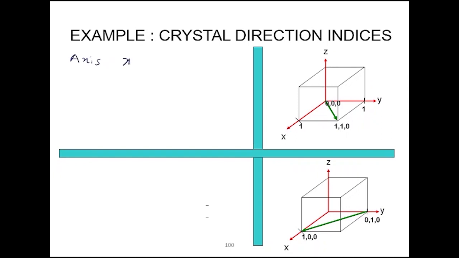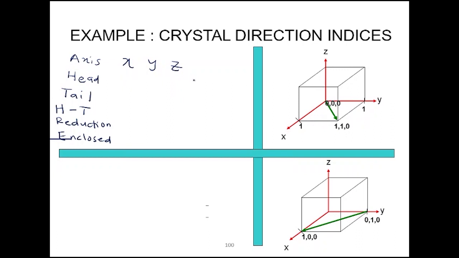We have x, y, and z axis, and then we need to find the head. After that, the tail, head minus tail, reduction if necessary, and last thing, enclose.